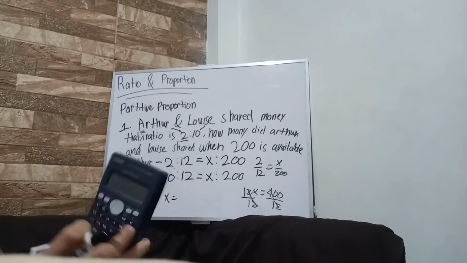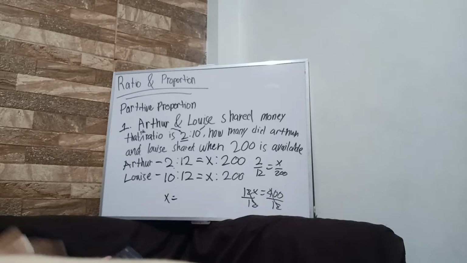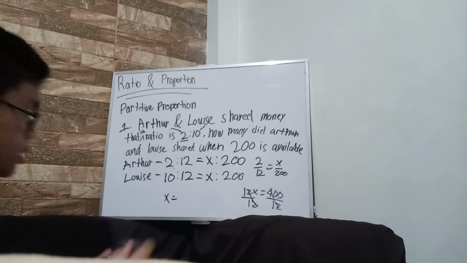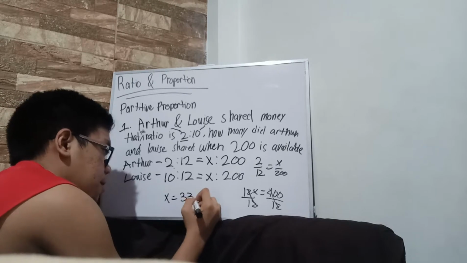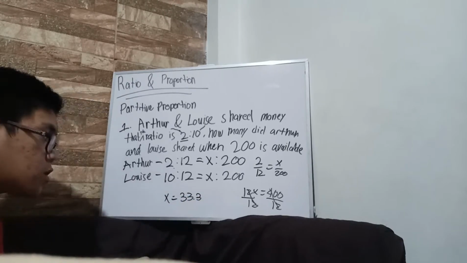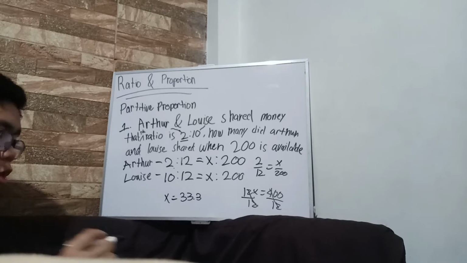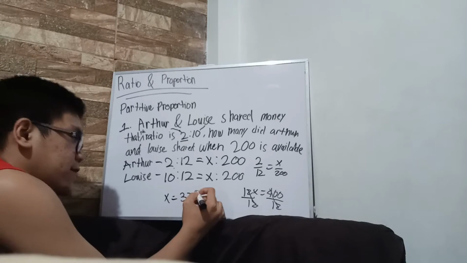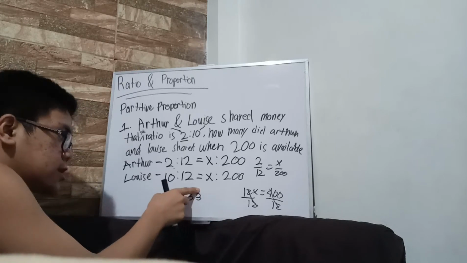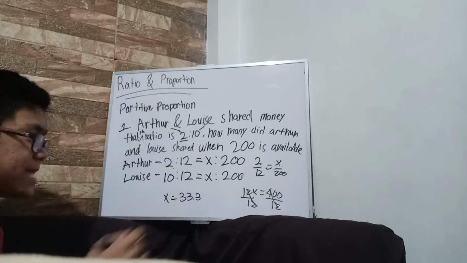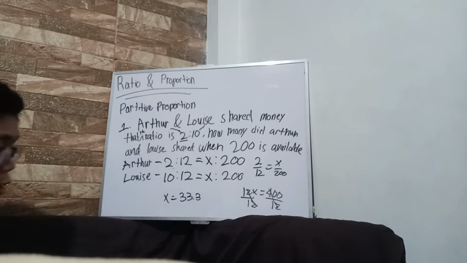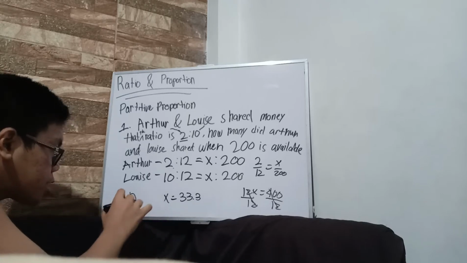I will use a calculator. 400 divided by 12 is 33.3. You don't need to write the repeating decimal there, it's not needed anymore. So that will be the answer, 33.3. This is for Arthur.